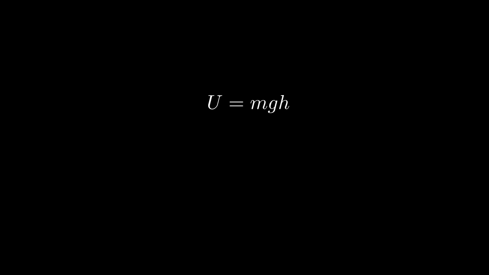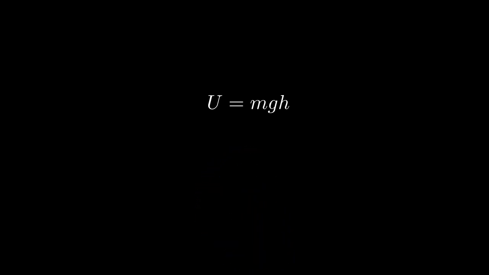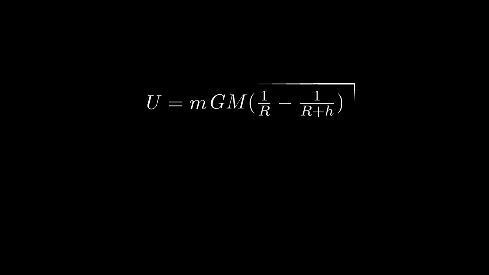But this formula doesn't always work, because it doesn't account for the Earth's curvature, and for this formula to work, g needs to be a constant. So this formula is useless if you are trying to keep your satellite in orbit. If you tried to consider these facts, the formula would quickly get out of hand.